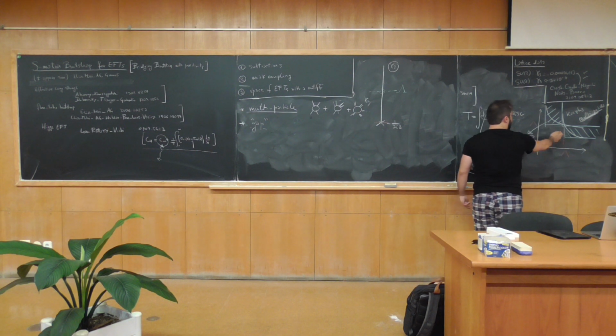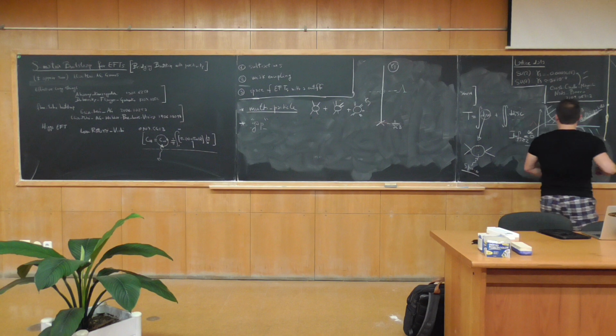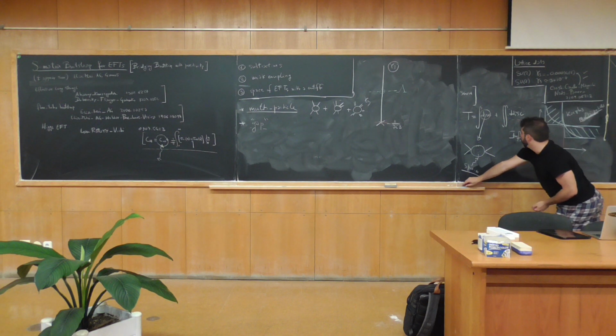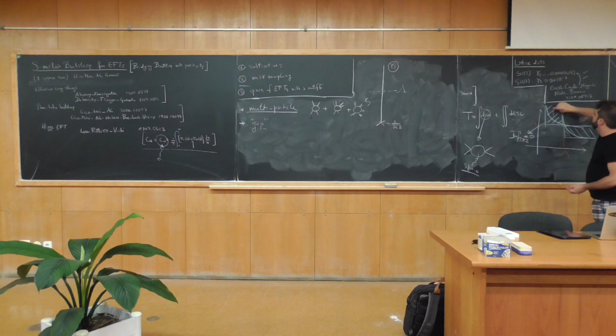But the issue is that you don't know anything about this region, which is basically fixed S but large positive T. If we could input some asymptotic behavior of the amplitude in this region, then we might have the higher spins under control.